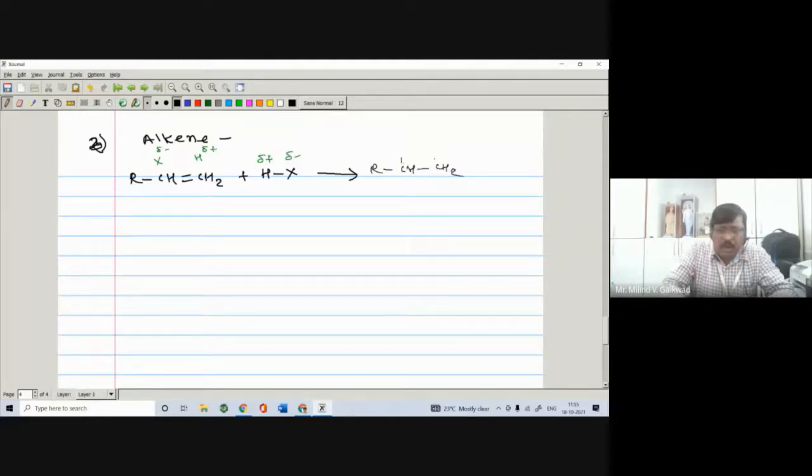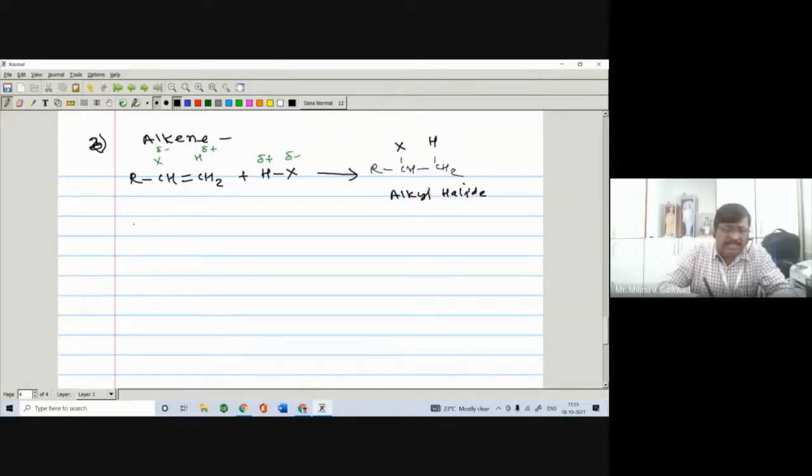So addition of X takes place on this carbon and addition of H takes place on the CH2, and you are getting the corresponding alkyl halide, right? This is the formation of alkyl halide.